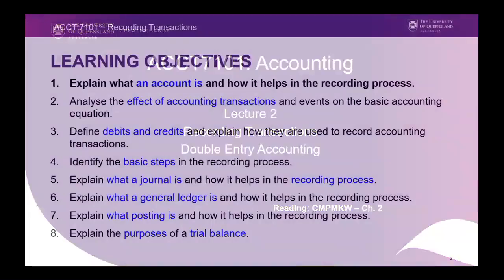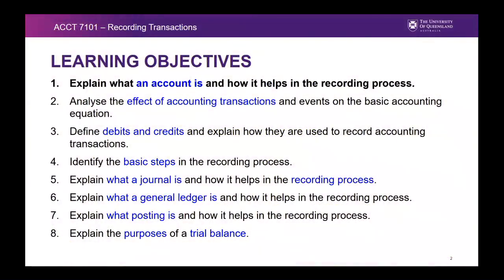the material today. So what we're going to look at is an account, and then we're going to look at some accounting transactions and events. We're going to go back to our accounting equation: assets equals liabilities plus equity. And this time we're going to introduce the idea of debits and credits. Then we're going to follow the process of recording accounting information.